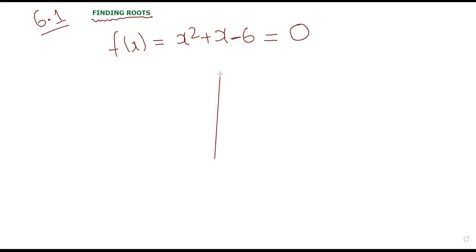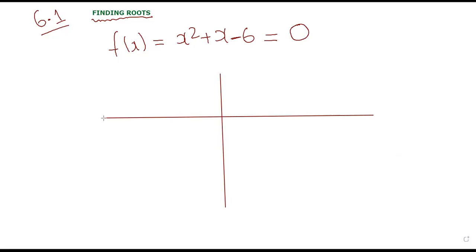Why? Because this is our y-axis, this is our x-axis. Y-axis is basically for f of x in this case, and this is x. So if I have a curve, any curve, I'm talking about this in general. Let's say this is a curve, and the roots would be this part and this part.